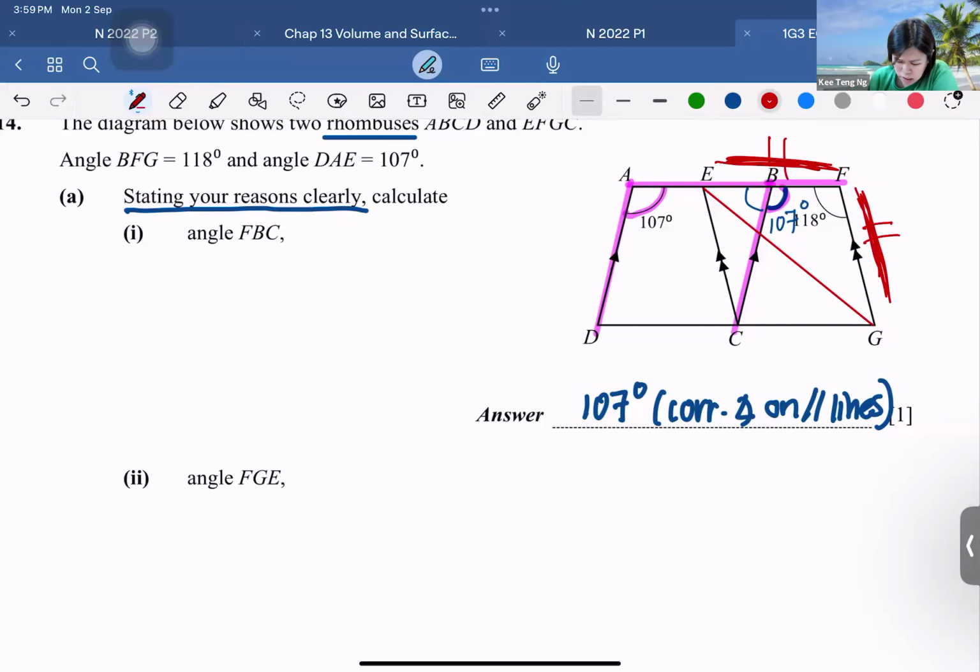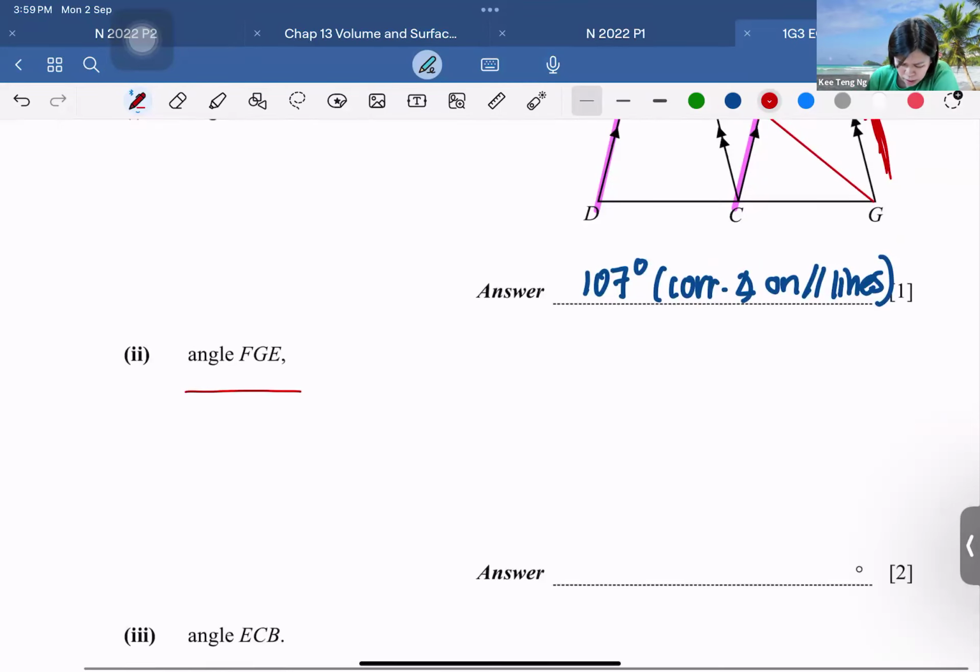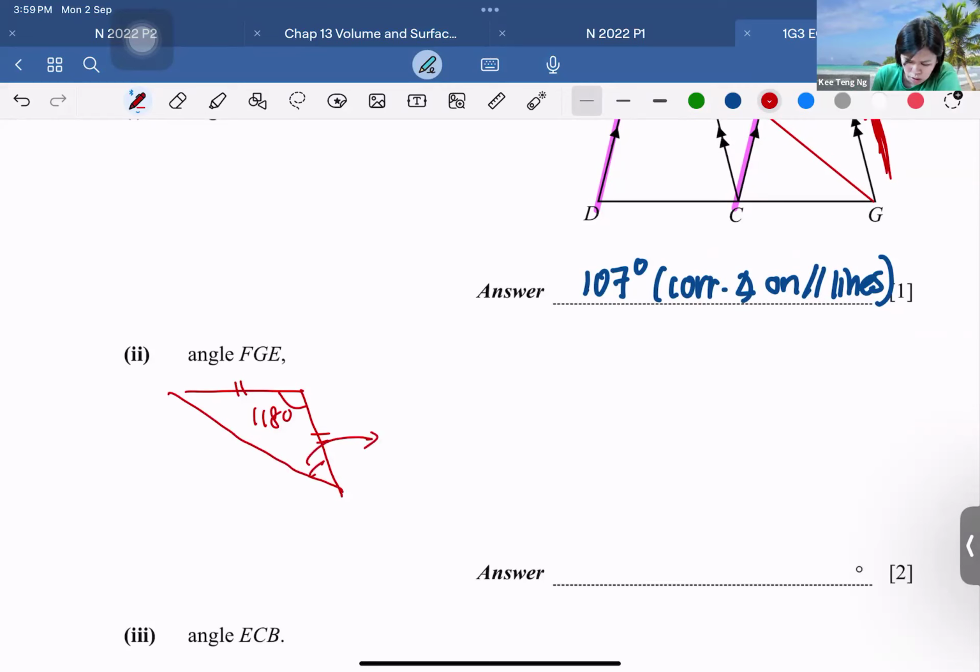So actually, this is an isosceles triangle. This is 118 degrees. So to find the angle over here, I just need to take 180 minus 118, divided by 2. 31 degrees. Have you gotten the answer?